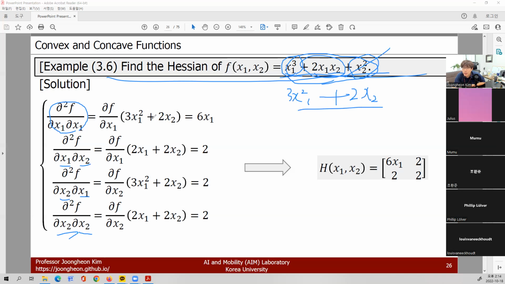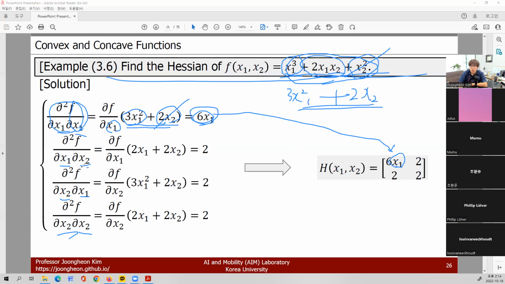Then you are doing the partial derivation with x sub 1 again, and this becomes 6x sub 1, and the constant will disappear. Then you put this one in the 1,1 position because you are doing the partial derivation with 1, 1.